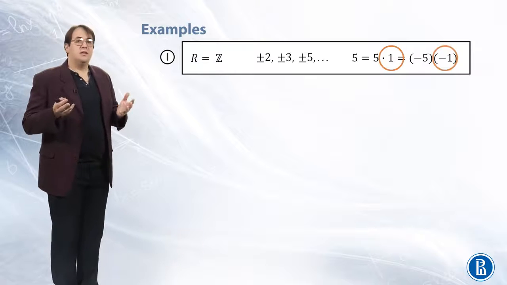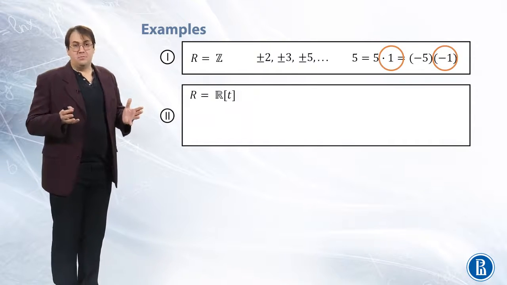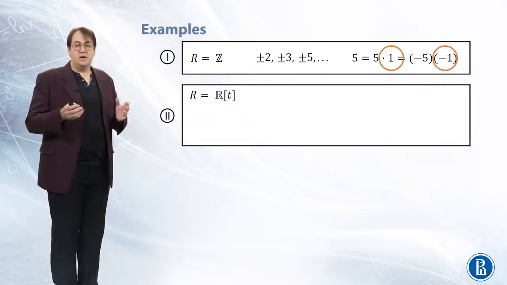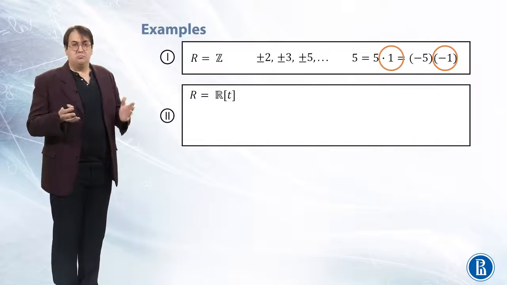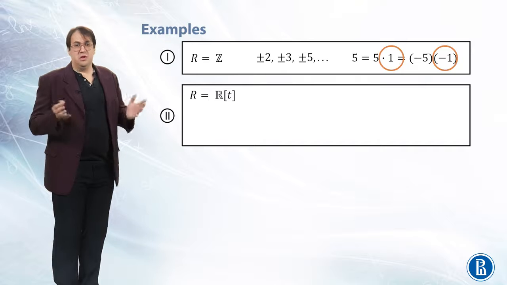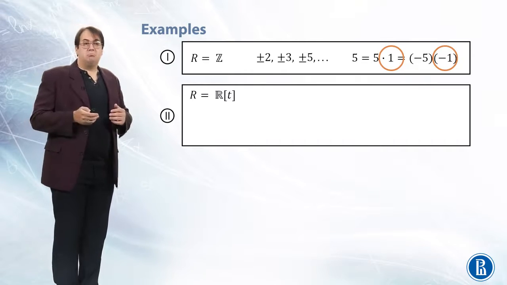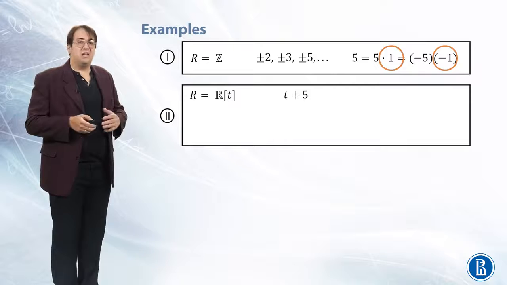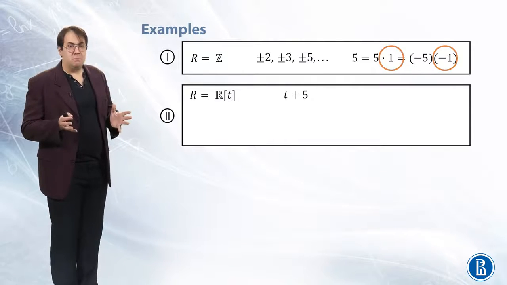Another example, we can consider the ring of polynomials in one variable over a field. Here we just take a usual field of real numbers. And let's consider a polynomial, say, t plus 5. Will it be indecomposable?